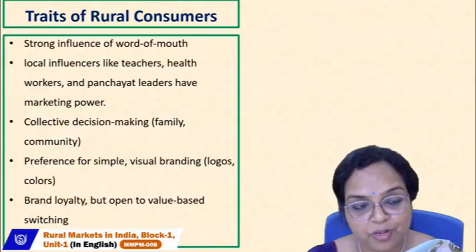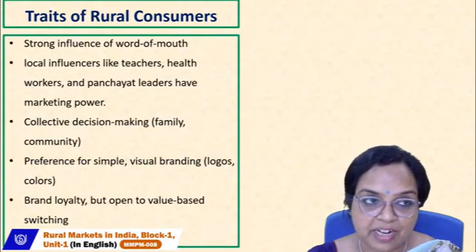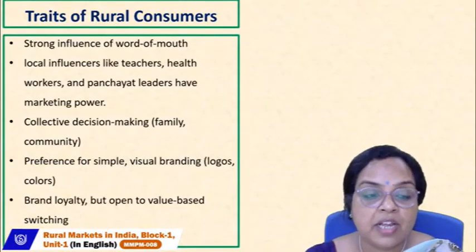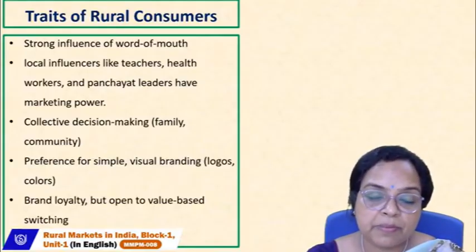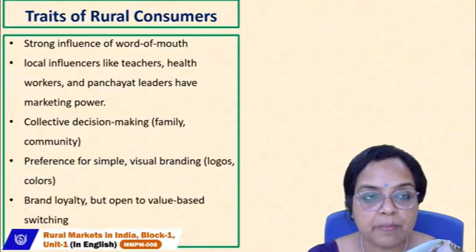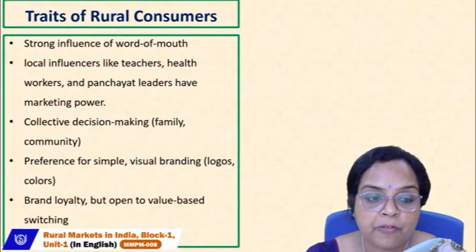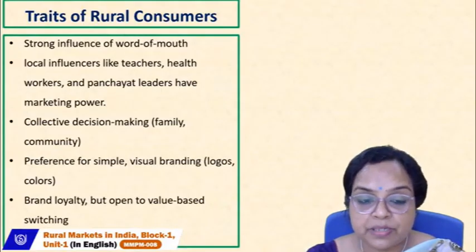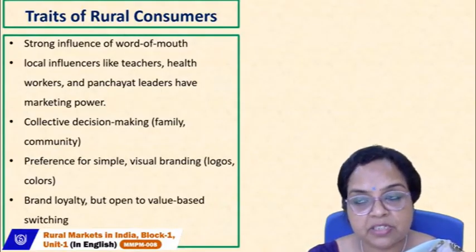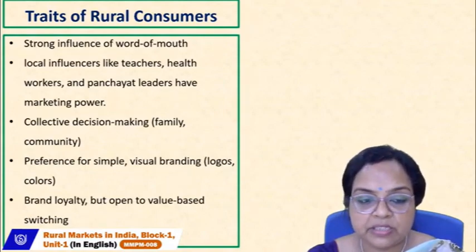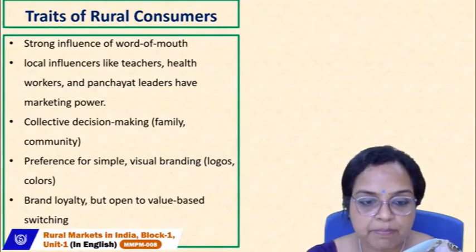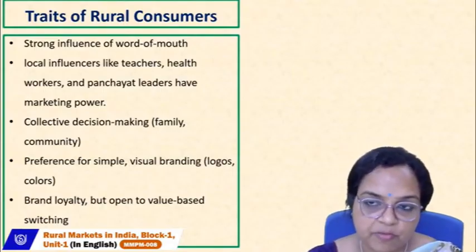They also influence the consumer to buy this kind of product or that kind of product. Collective decision making: while purchasing a product, they depend on their family and community for feedback. Preferences for small, simple, visual branding, because they are not into the technicalities of branding and advertisement. If the logos and colors are user friendly, simple and visually attractive, they follow that.